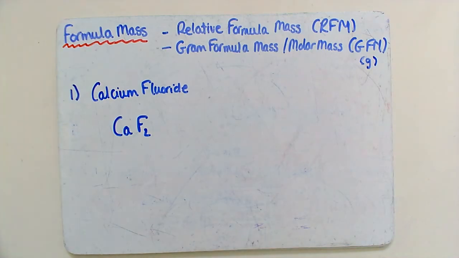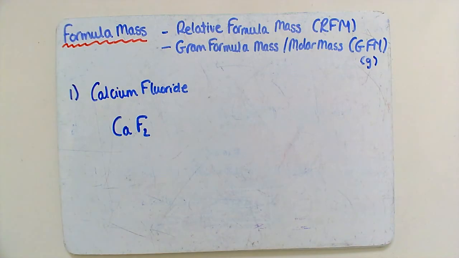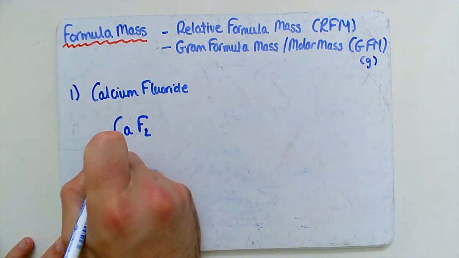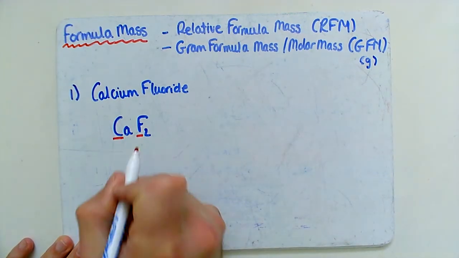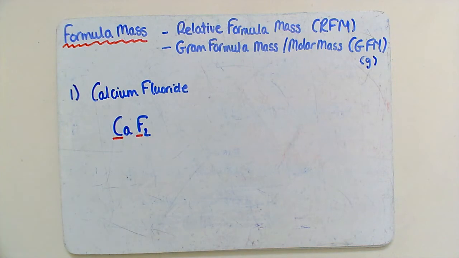Whenever we are using formula, we need to know how many types of element there are and how many of each type of element there is. Now, the way you can determine how many types of element there are is by looking for capital letters. So every time we have a capital letter, we have the start of a new element.